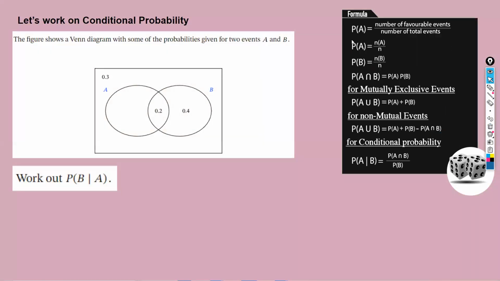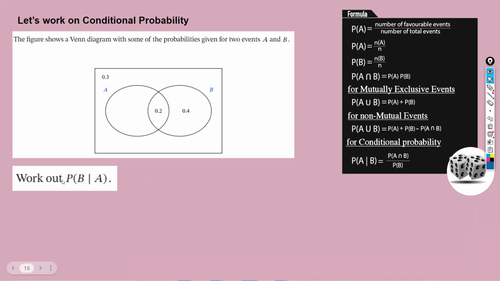All right, so sometimes the examiner will throw in a Venn diagram mixed up with the probability. Don't get too scared. When you have a Venn diagram, it does make it easier to do the question, in my opinion. So let's work out this question.